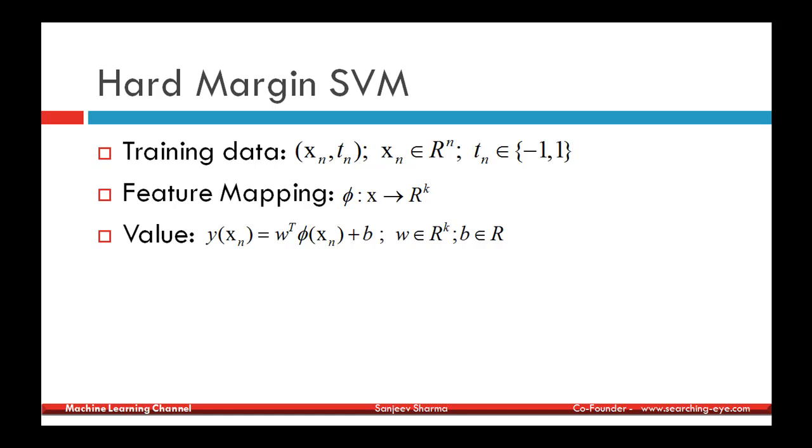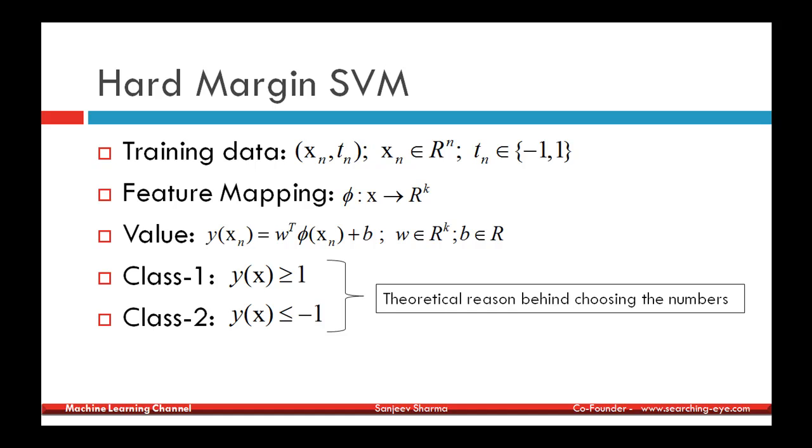So our target in solving this problem is to find the weight vector w and the scalar b such that all the training instances are correctly classified. Here we have two classes. If y of x is greater than or equal to 1, then we say that it belongs to the first class, and if y is less than or equal to -1, then we say it belongs to the second class.